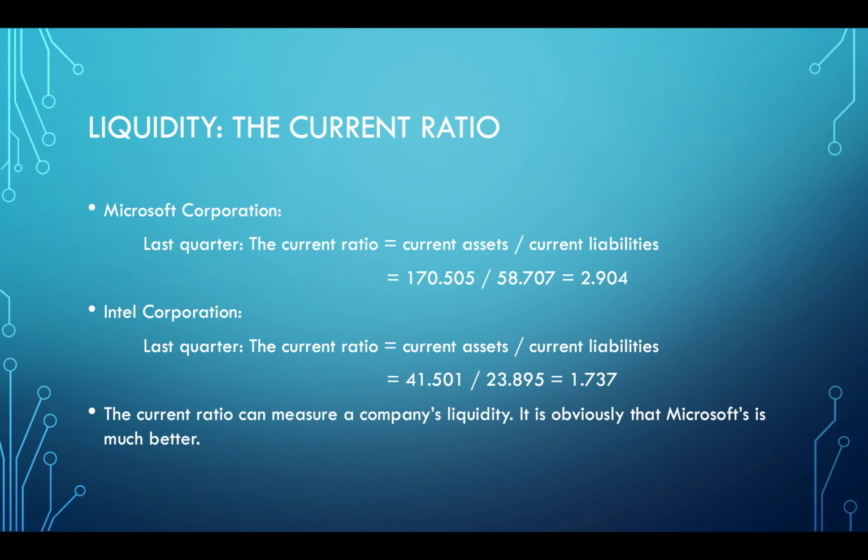So what does this result mean? The current ratio can measure a company's liquidity, and it can show how easy it is for the business to turn assets into cash. And we can see that Microsoft is much better. It seems to have much more flexibility.